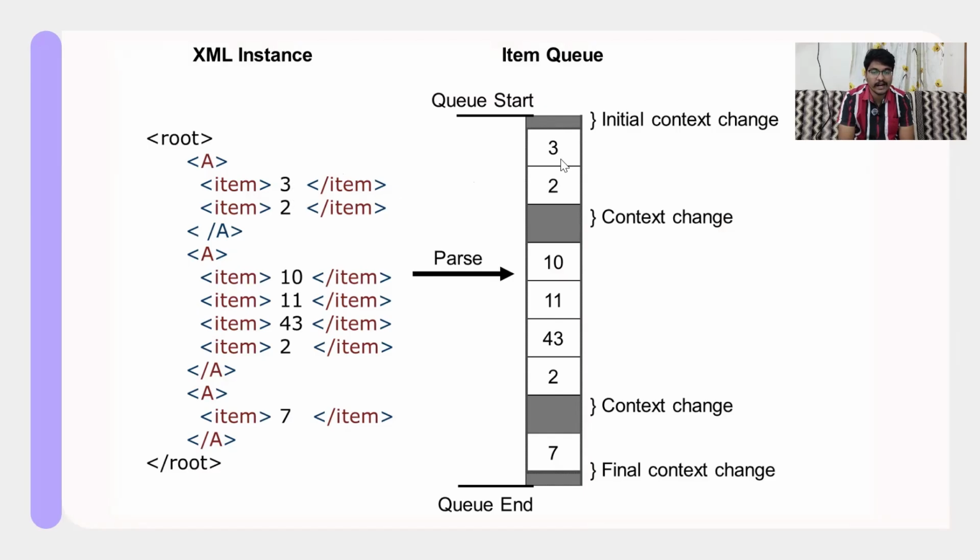We have 2 items. And there is a context change, since the parent node changed. There is another A node, another different node. So there is a context change. And then we have 10, 11, 43, 2. All these items belong to this context. And then we have a context change again. And this item is placed as a separate context. So this is how the queue deals with message mapping logic.